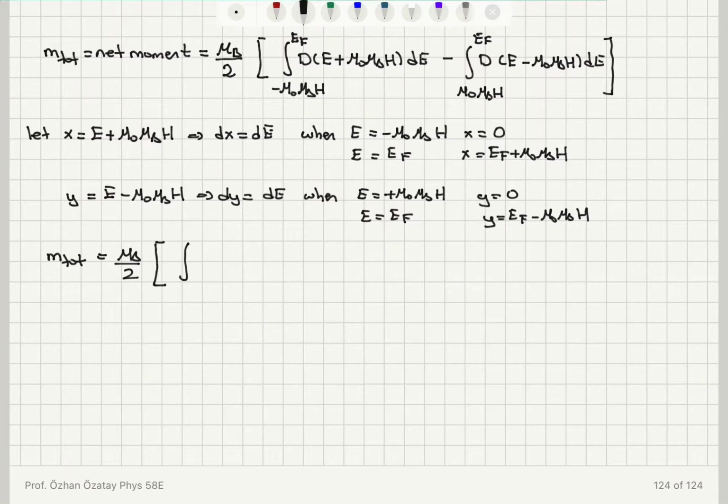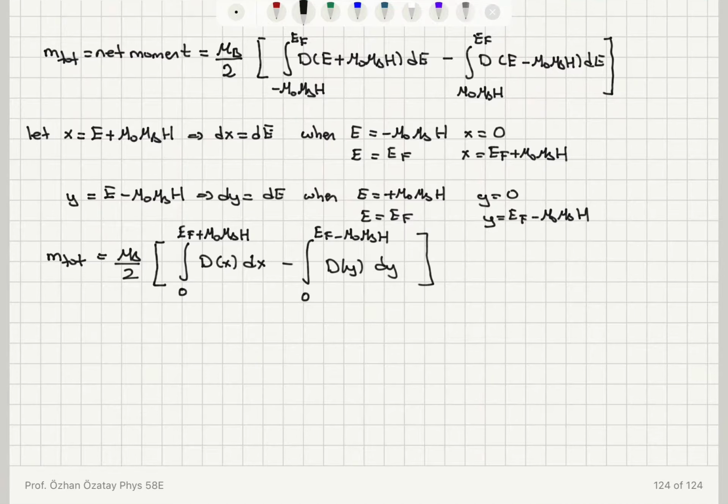For minus mu 0 mu b h, I will substitute x equals 0, and for E Fermi, I will substitute E Fermi plus mu 0 mu b h, density of states x dx, and then I have minus, at mu 0 mu b h I have 0, at E Fermi I have E Fermi minus mu 0 mu b h, density of states y dy. And you can see that if it's an x or y, it doesn't matter. It's the same thing that we are integrating.